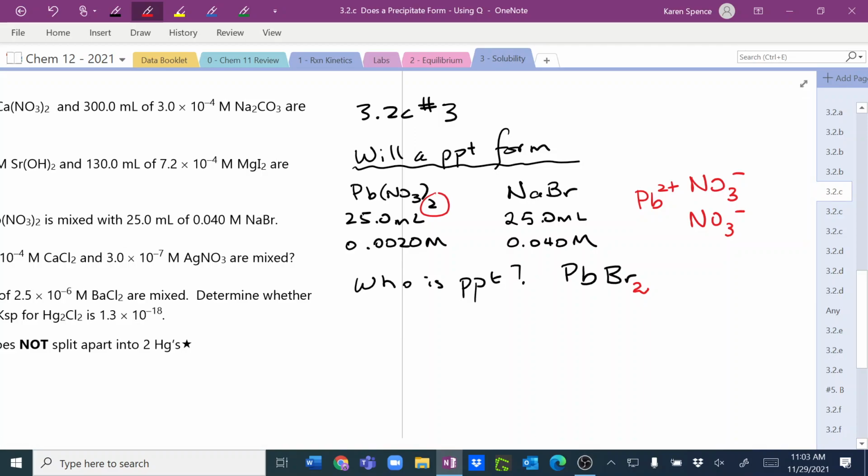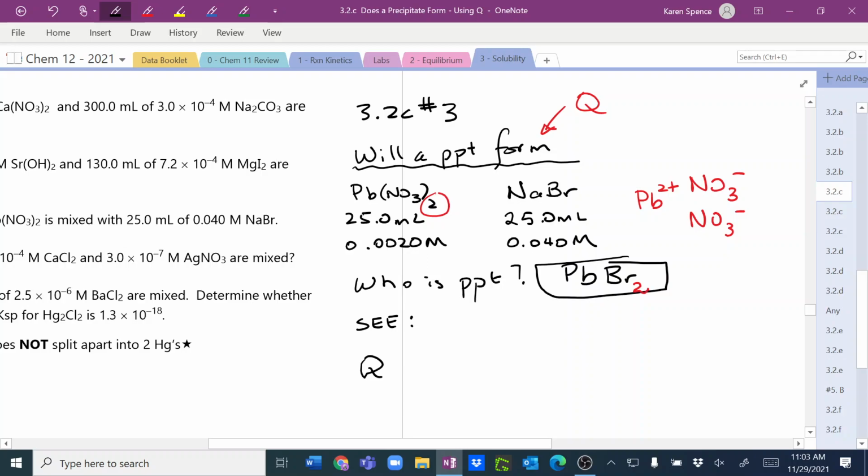If it is a will precipitate form, what tool are we going to use? We're going to use a Q. So we will need to write our solubility equilibrium expression, and we will need to write a Q. So the solubility equilibrium expression is going to be for the precipitate.